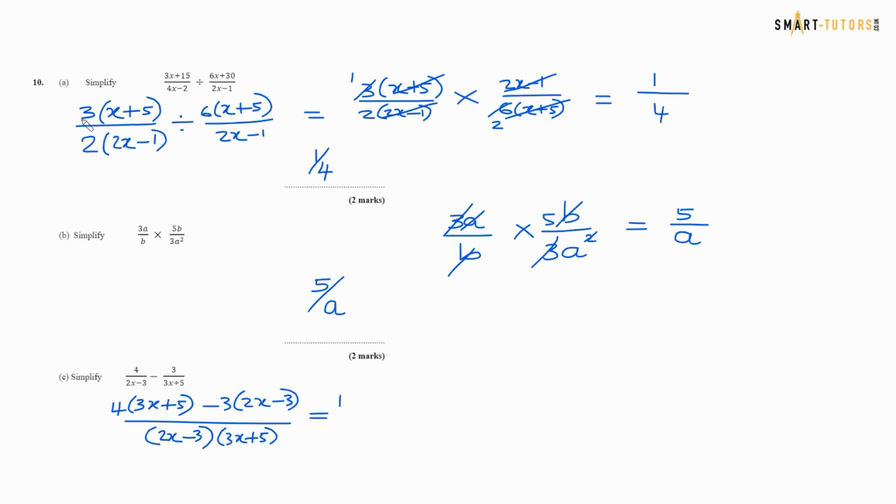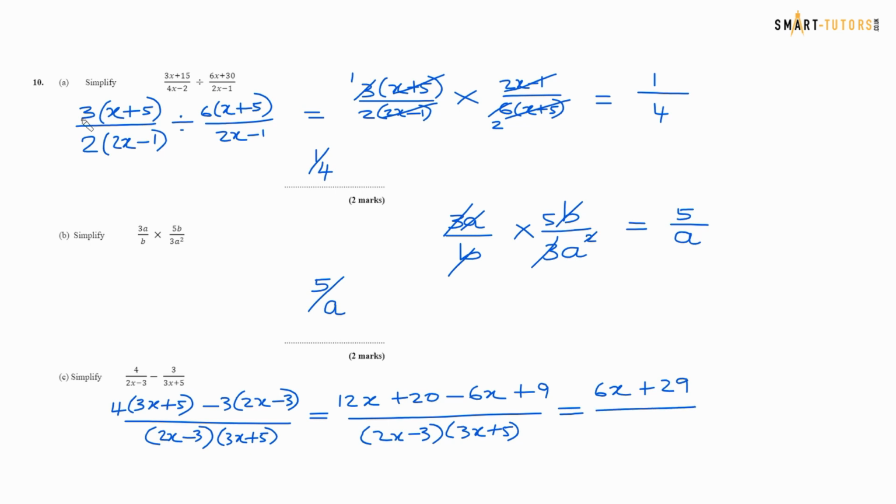Expanding the brackets, 12x plus 20 minus 6x plus 9 over 2x minus 3, 3x plus 5 equals 12x take away 6x is 6x, 20 plus 9 is 29 over 2x minus 3, 3x plus 5. That is the end of question number 10.